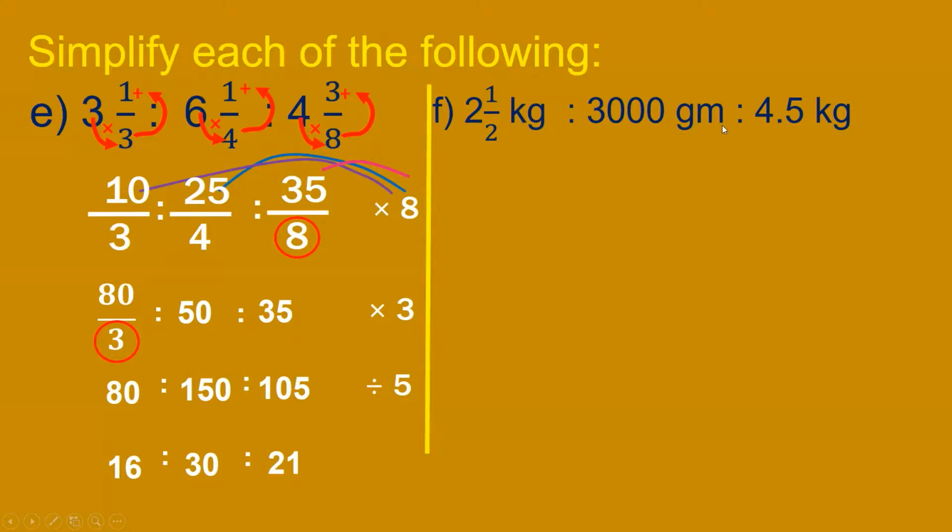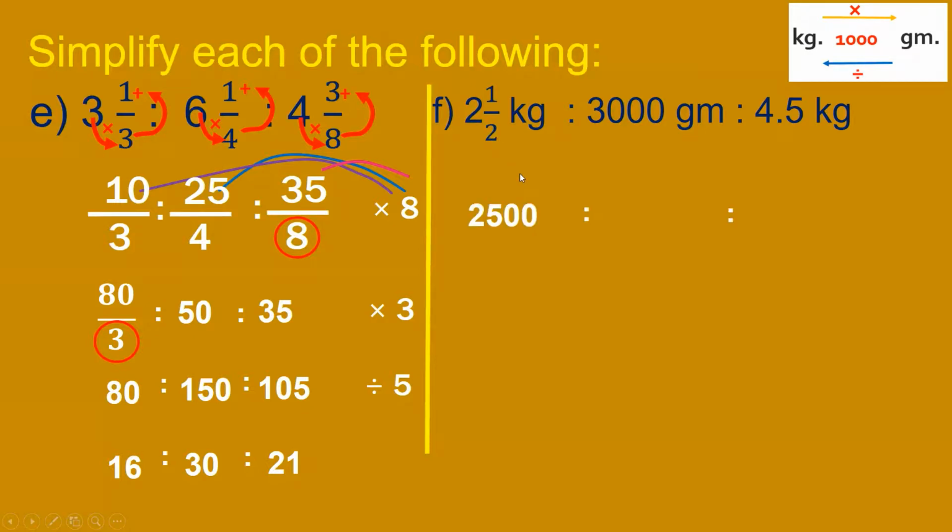To change from kilograms to grams, multiply by 1000. So 2 and 1 over 2 multiply 1000 equals 2500. And we have here 3000 grams, so let's write it. And 4.5 kilograms multiply 1000 equals 4500 grams.